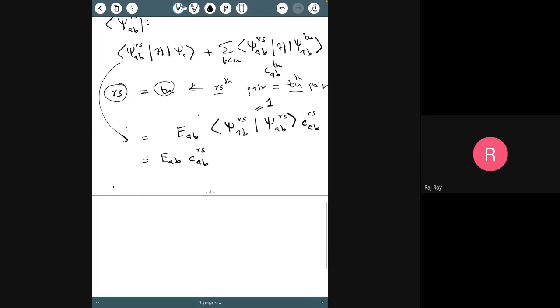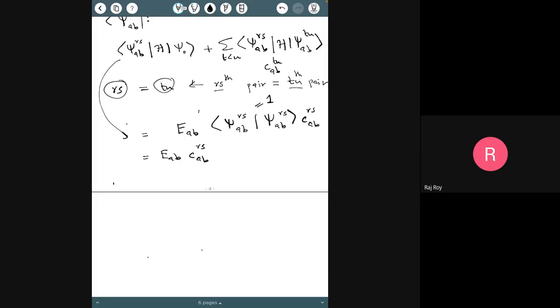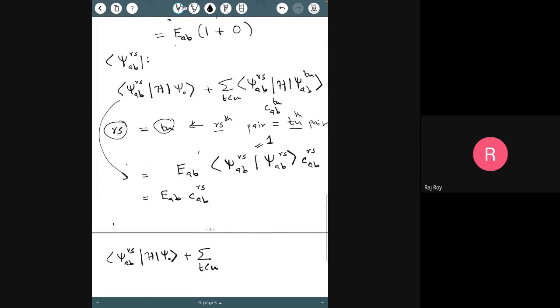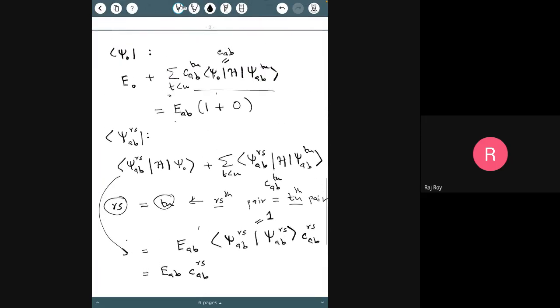And the second equation becomes psi AB to RS H psi 0 plus the sum over T not equal to U. So this I'm doing from this equation. Here also I can write EAB over here.